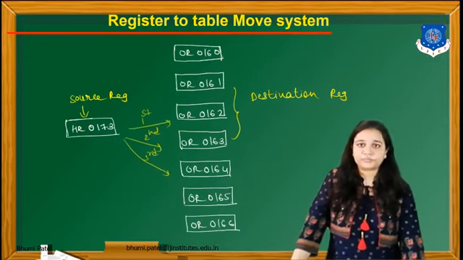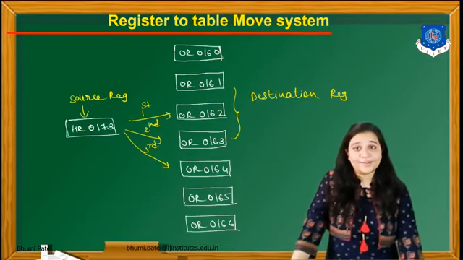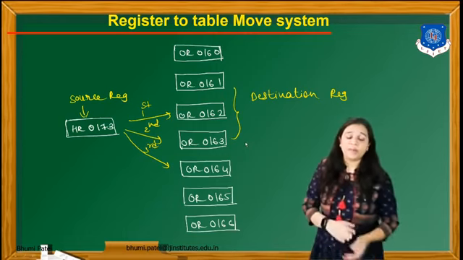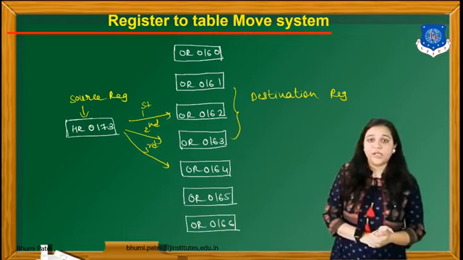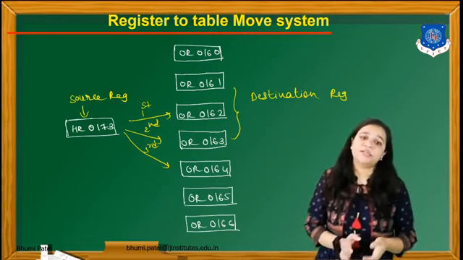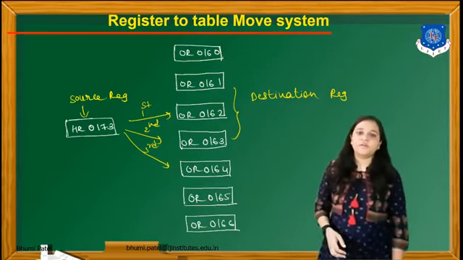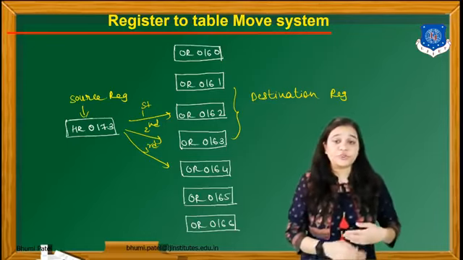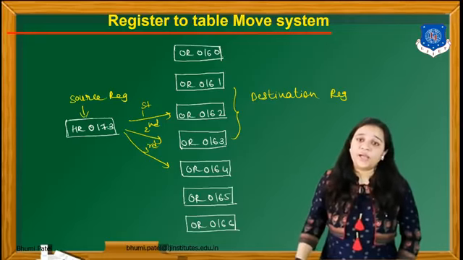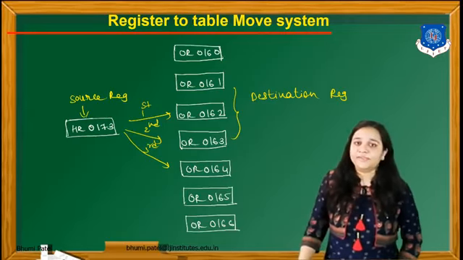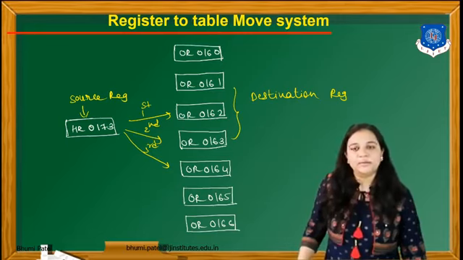Clear? If we transfer register to table, the length is 5 and my end point is OR0165, then my starting point will be OR0161. So using the end point, you can easily identify the starting point of the table.